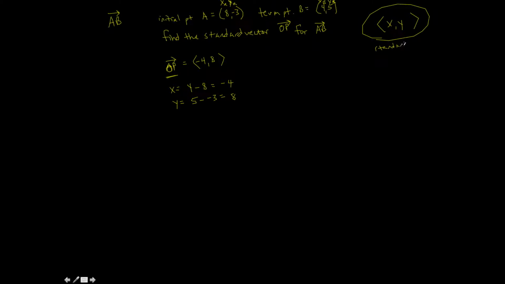Now, this gives us the coordinates of point P, because we already know point O is the origin, 0, 0. So this right here is the coordinate of point P, but we just write it in vector form right there.